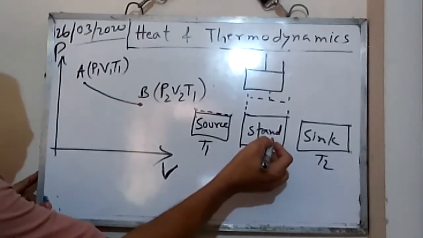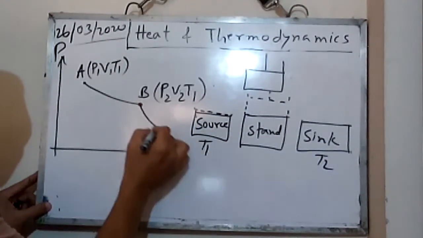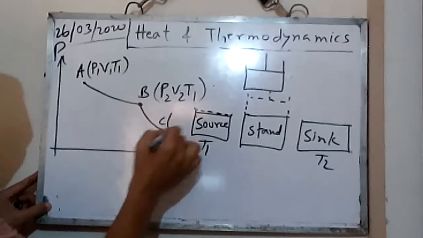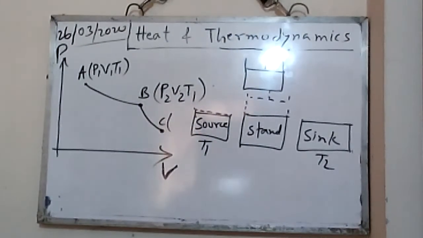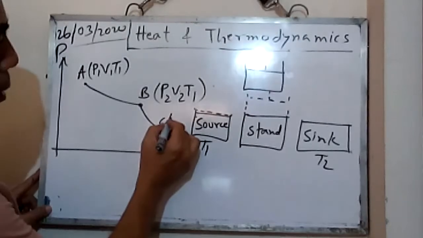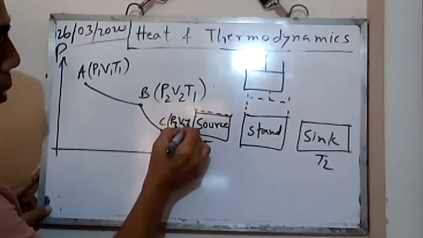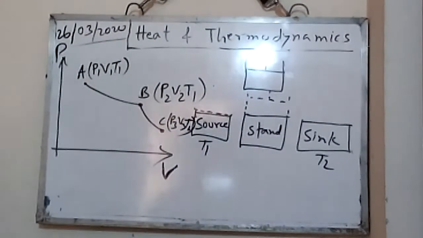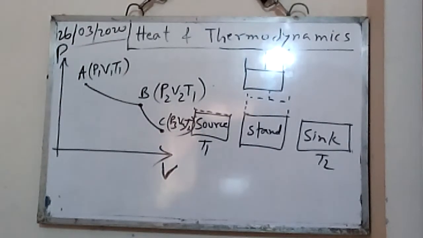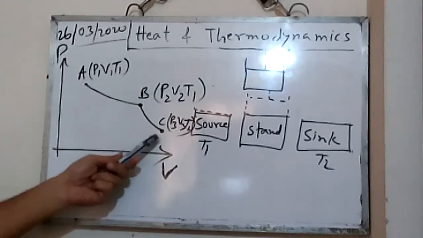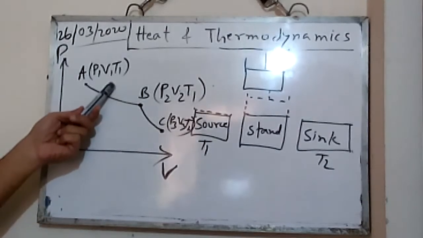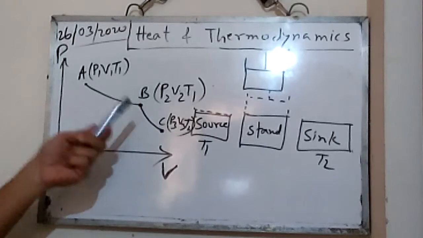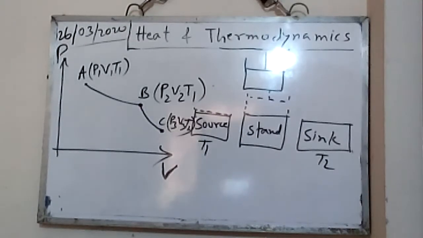Now this second operation will get point C, where pressure decreases, volume increases and temperature decreases, T2. So this expansion is called isothermal expansion, and this expansion is called adiabatic expansion.